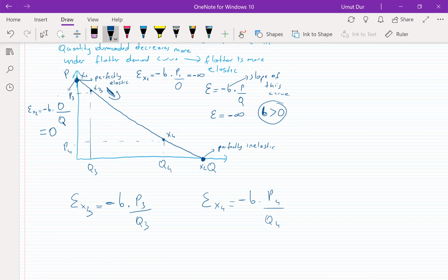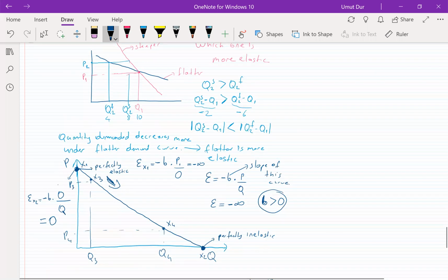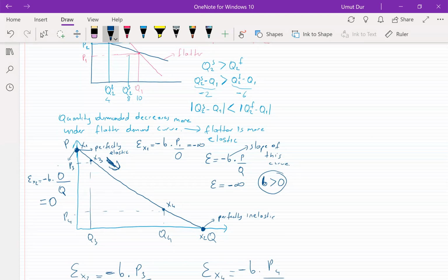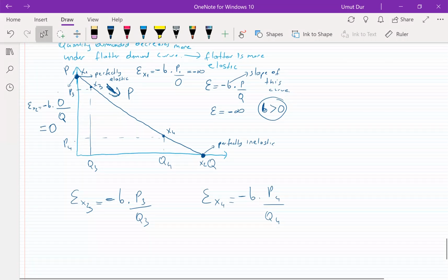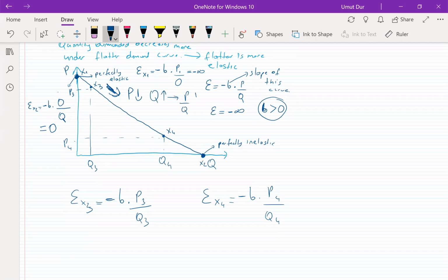But as I go in this direction, what happens to price? Price decreases and quantity increases, which means that p over q decreases. So as I go in this direction, is the elasticity decreasing or increasing?